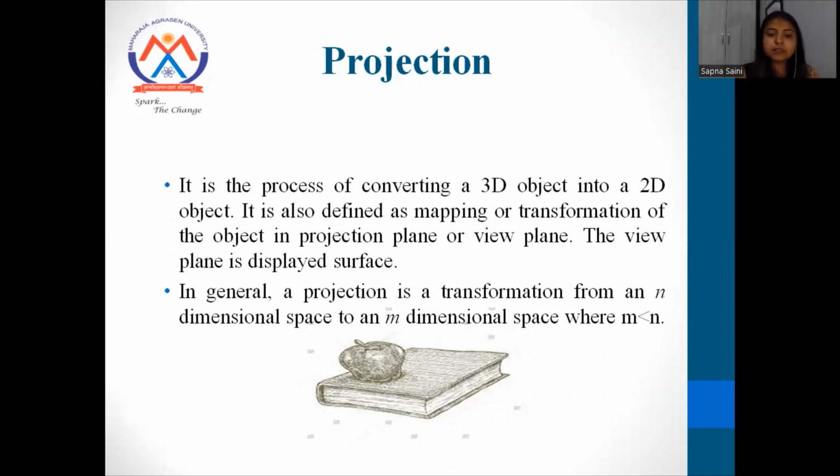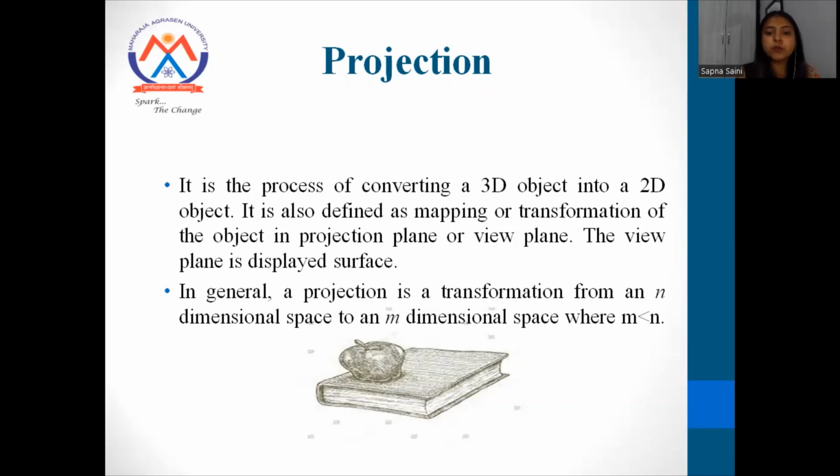It is done by creating some angles, so it appears to be in 3D. So basically it is defined as mapping or transformation of the object onto the projection plane or view plane. Now what is a view plane? View plane is basically the displayed surface, the surface on which we can see the object.